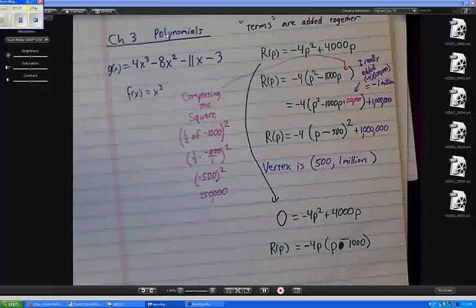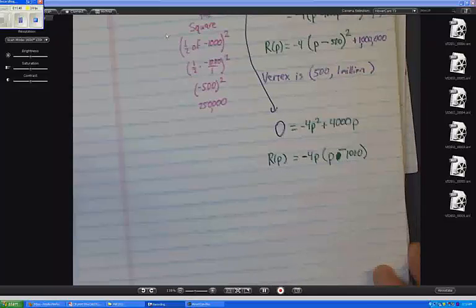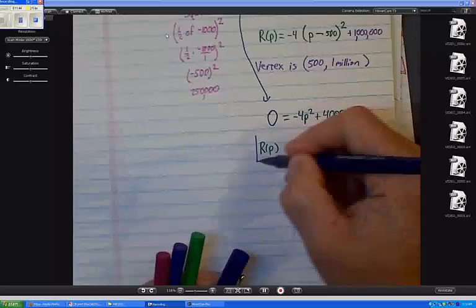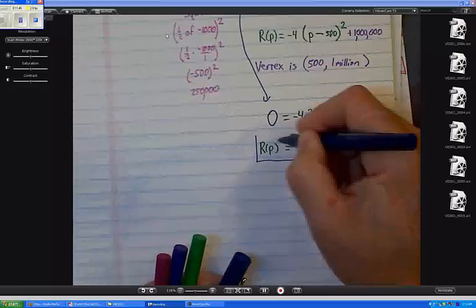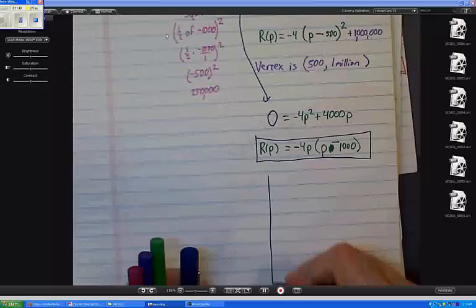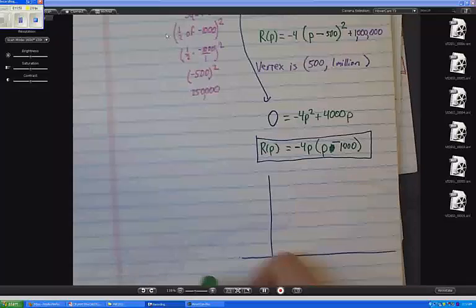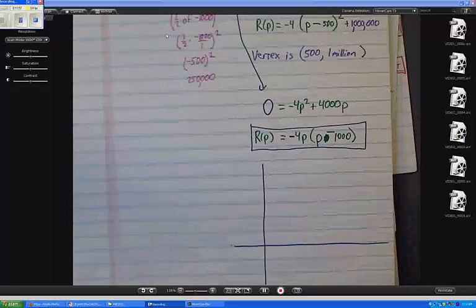Okay? So guys, I want to sketch a graph now. I think I can. See, as soon as I have this equation written like this, I know what the zeros are. So if I'm going to sketch a graph, what do I know it goes through? Oh, you don't see it?